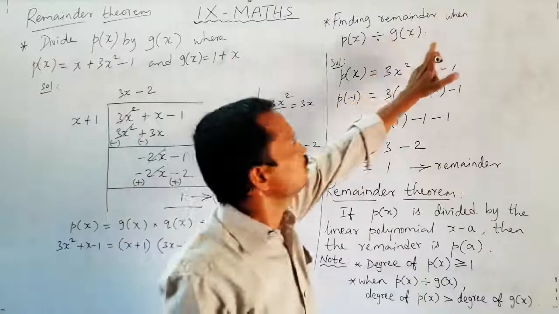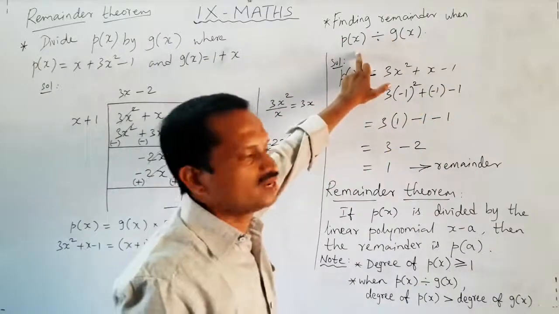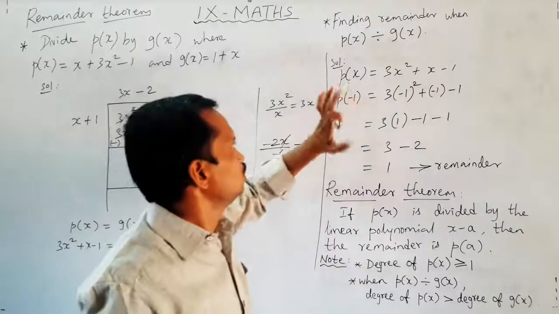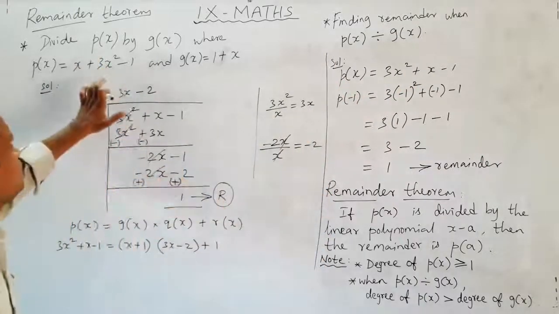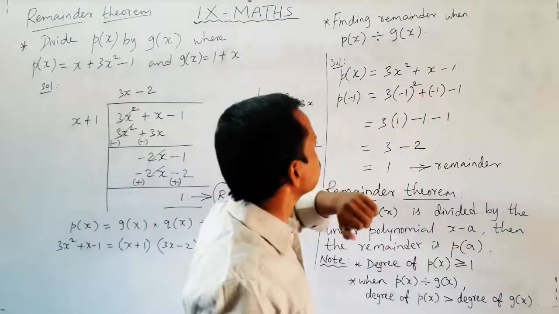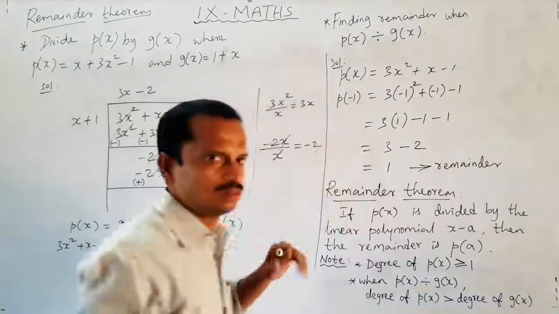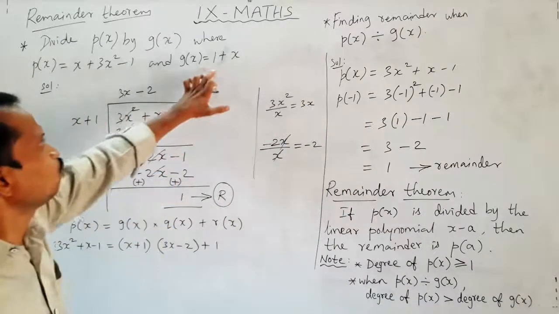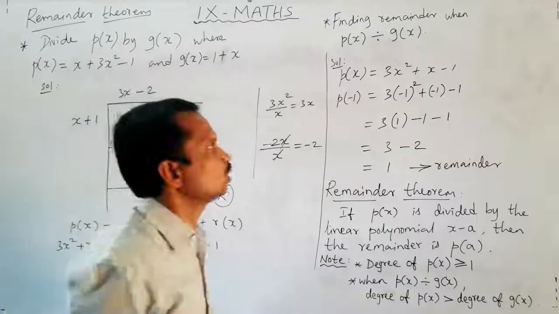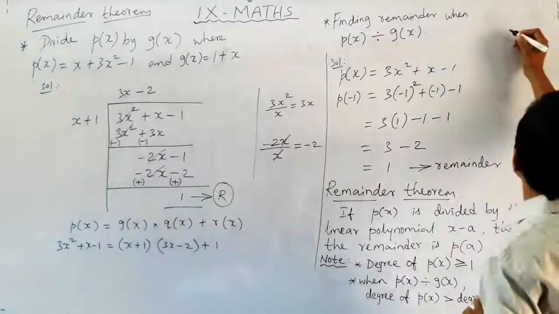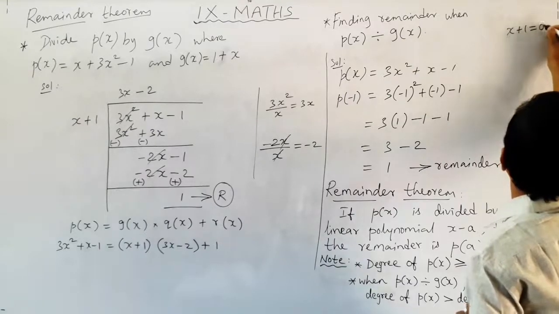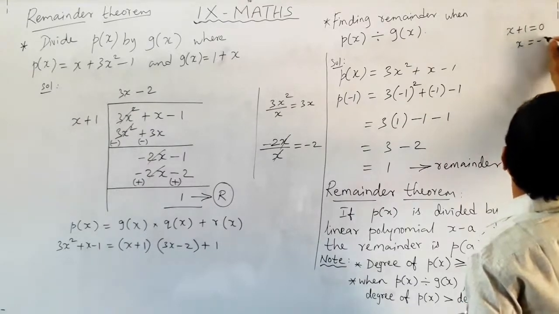Finding the remainder when p of x is divided by g of x. Okay. Now the solution. You take the same p of x given here, that is 3x square plus x minus 1, and g of x, that is also the same, 1 plus x, and we take that as x plus 1. So we have to find, in rough column, x plus 1 equal to 0, then x equal to minus 1.